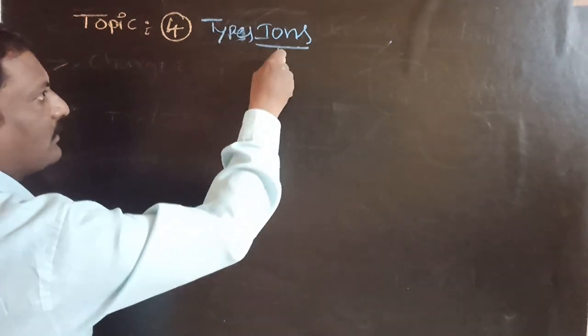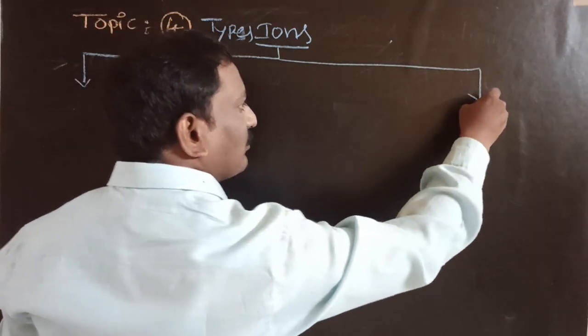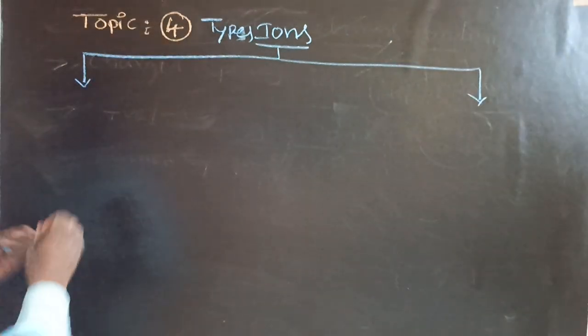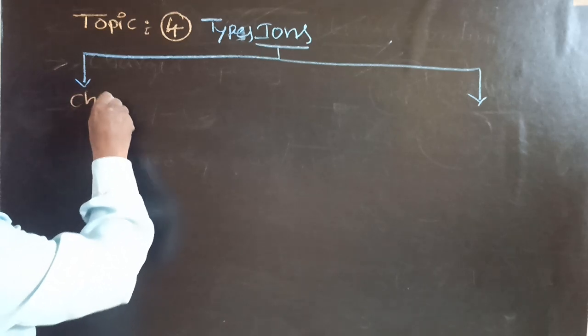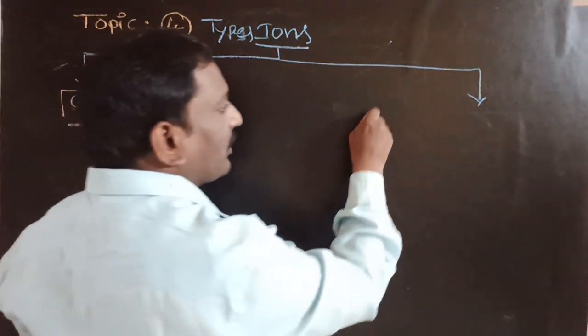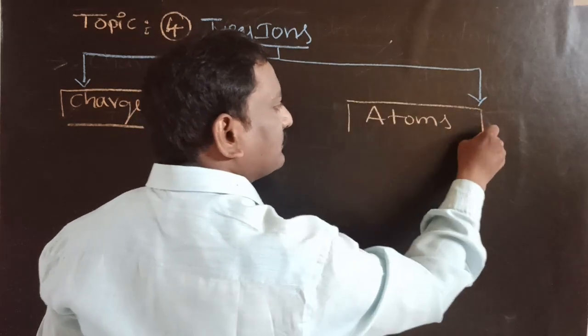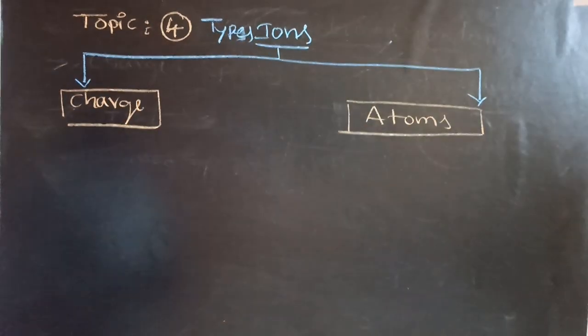Types of ions. Ions are classified into different types based on different points: based on charge, and based on atoms present in the ion.